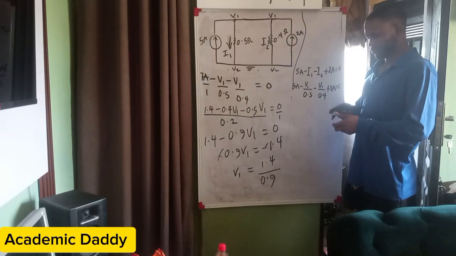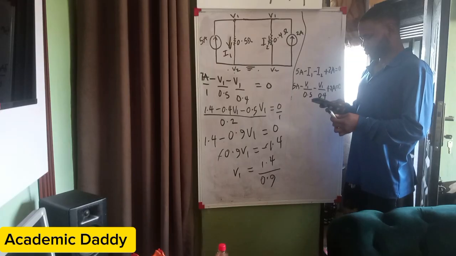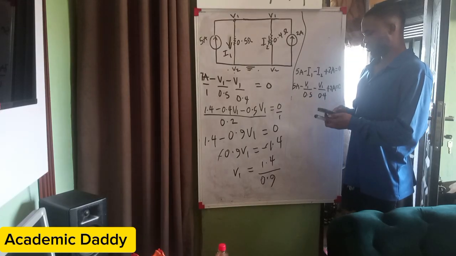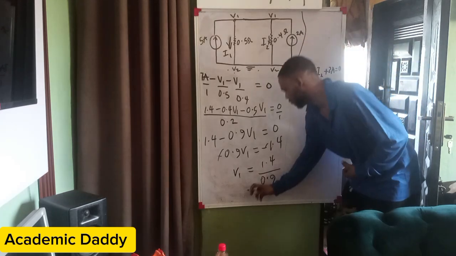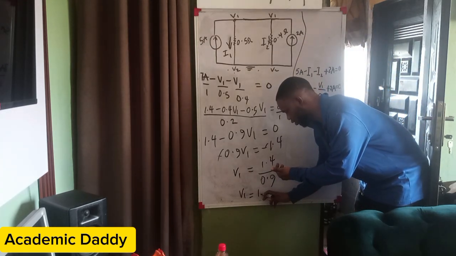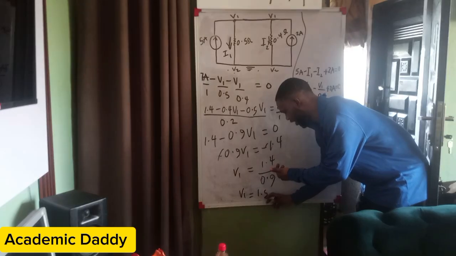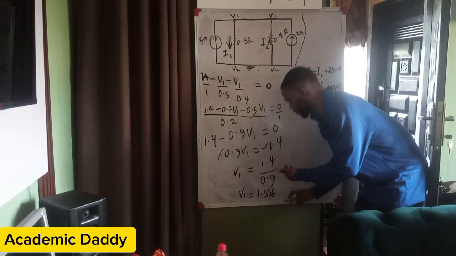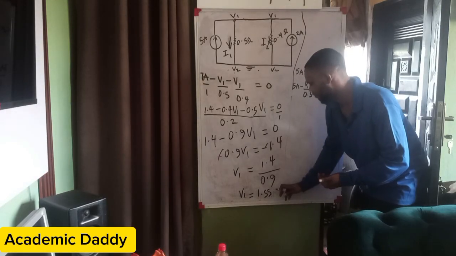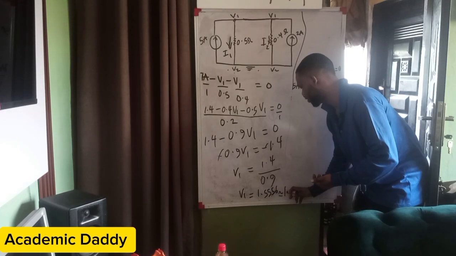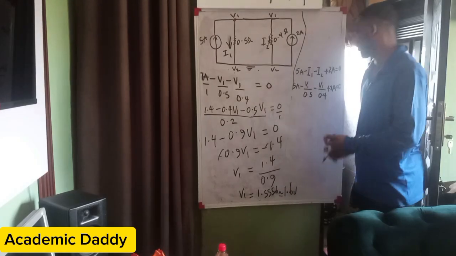1.4 divided by 0.9 gives V1 equals 1.556, which is approximately 1.6 volts.